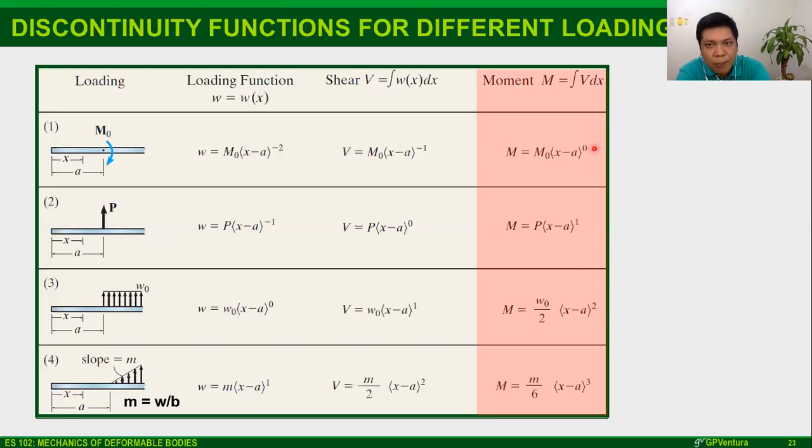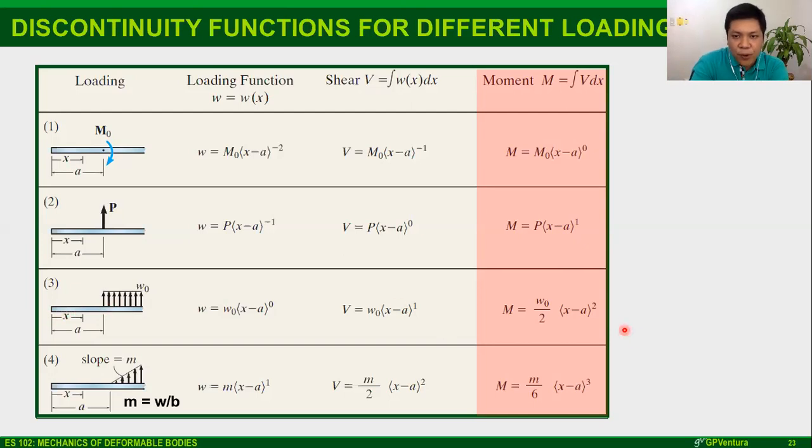Raised to 0 for a moment, concentrated load raised to 1, uniformly distributed load raised to 2. Now, what is the value of A here? A is the location where the uniformly distributed load started. So, for example, if this is the origin, the uniformly distributed load started at a distance A.